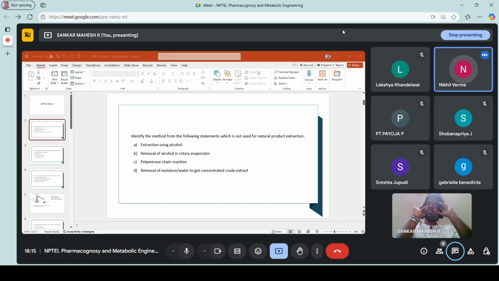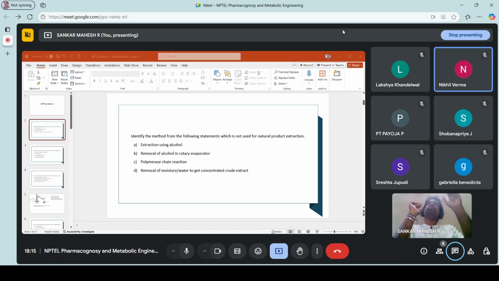Both kinds of products are obtained from plants. Basically, volatile oils are oily, lipophilic in nature, and a lot of products like phenols, flavonoids can be extracted by aqueous solvent, if I'm correct.